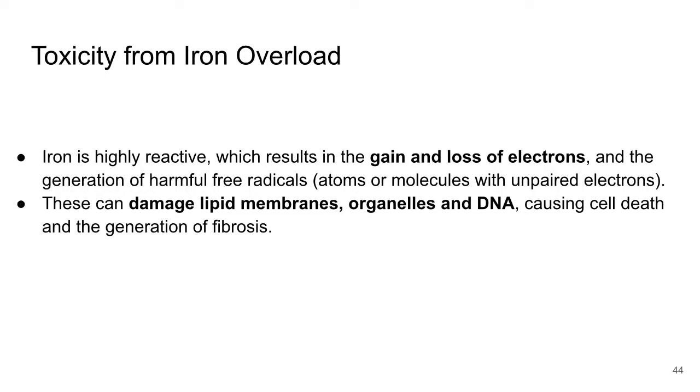Mechanism of iron toxicity: iron is highly reactive, which results in generation of harmful free radicals, and these radicals can damage lipid membranes, cell organelles, and DNA, causing cell death and generation of fibrosis.